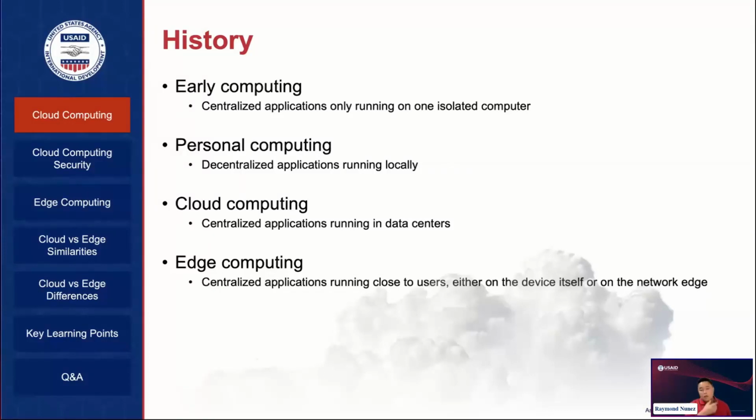But with a lot of decentralized computers, where you need to process data and send it to a central location for whole-scale processing, and with the connectivity that was booming at that time, there was interest in cloud computing. So at that time they were trying to centralize applications again, because now we had connectivity to support it.